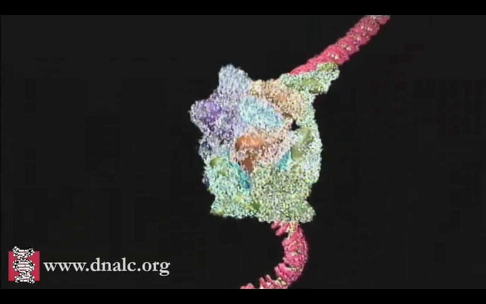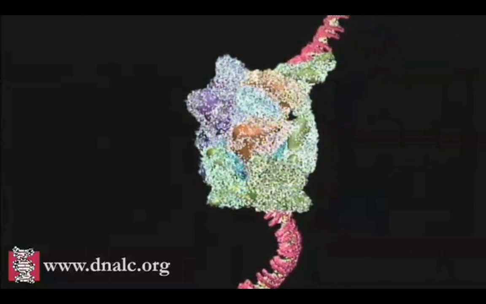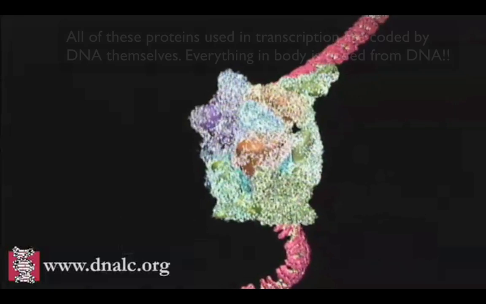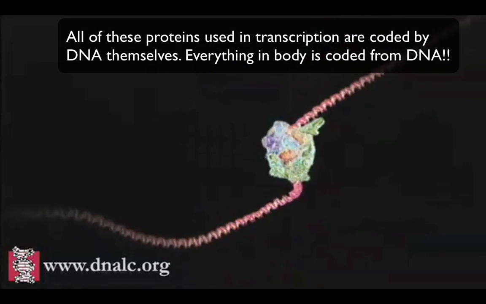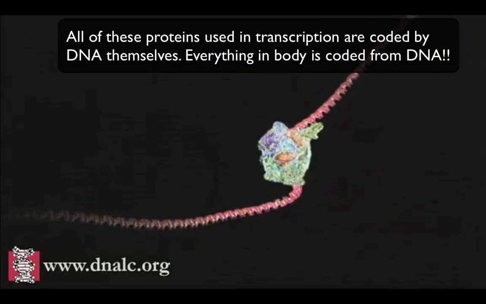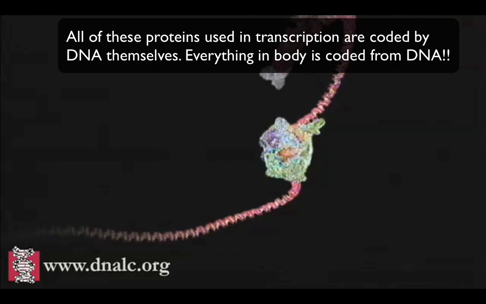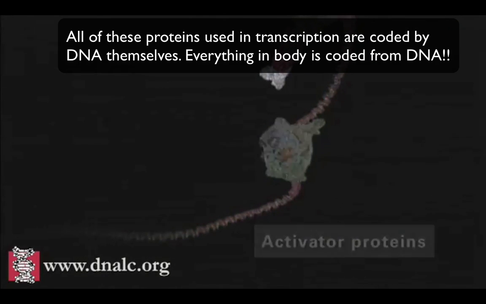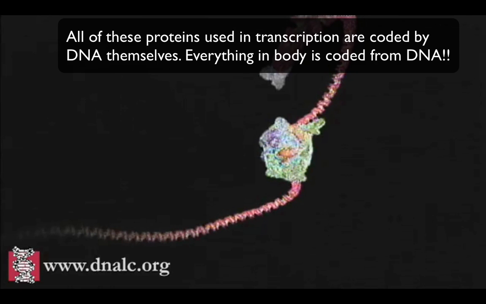The assembled collection of all these factors is referred to as the transcription initiation complex, and now it is ready to be activated. The initiation complex requires contact with activator proteins, which bind to specific sequences of DNA known as enhancer regions.